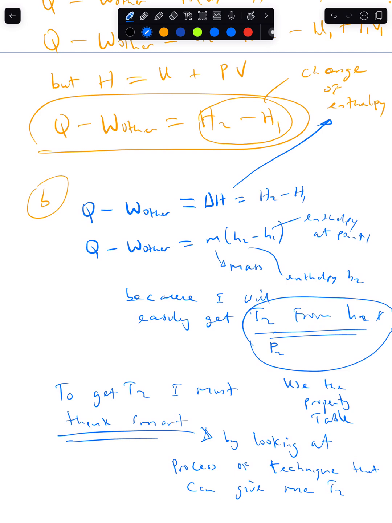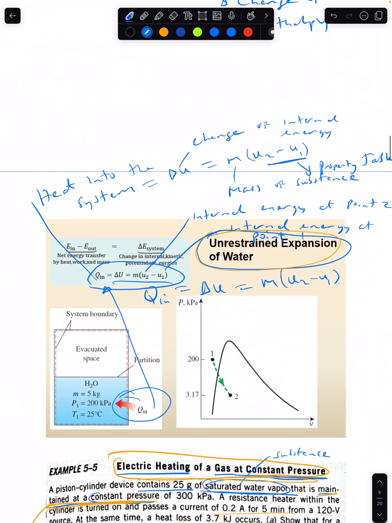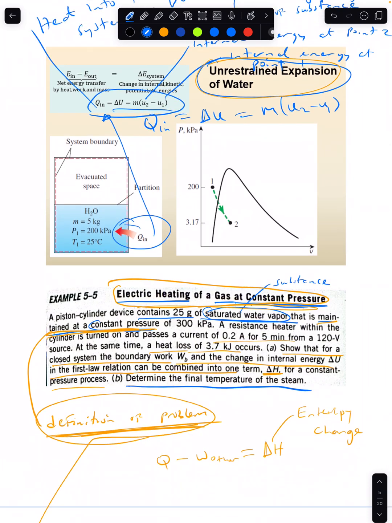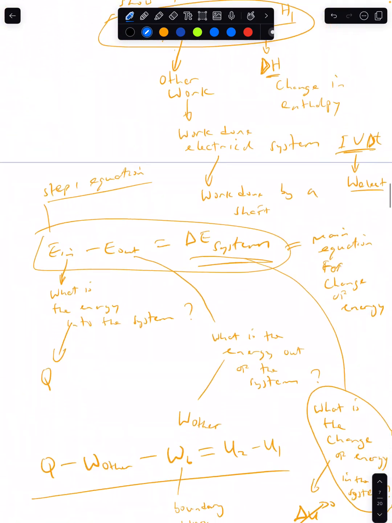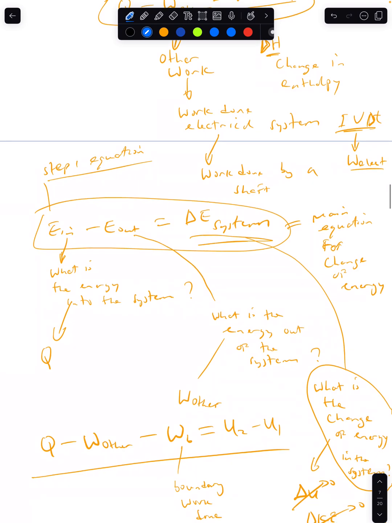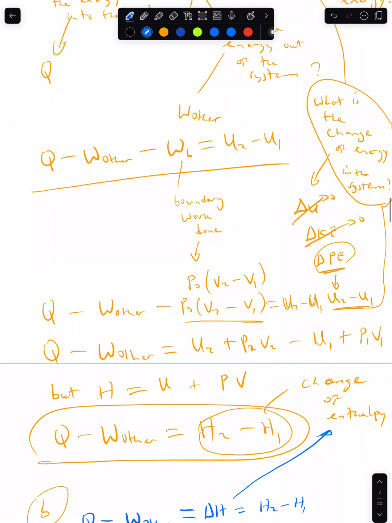So, see what is going to happen now. For me to get H1, I want to start by looking at the equation. Determine the final temperature of the system. Can I get H1 without looking at the work done for the system?